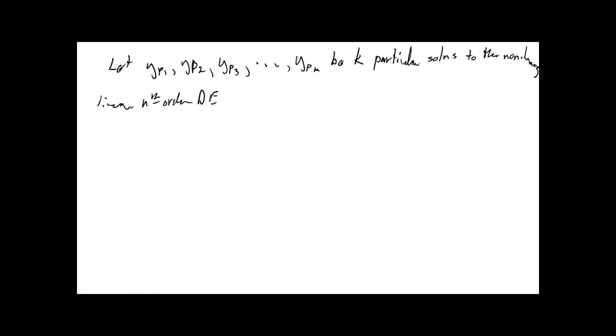Now this is referring back to number 7, the part that had all those n derivatives, equal to some g of x.